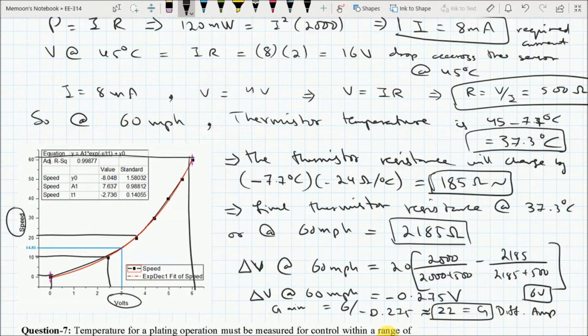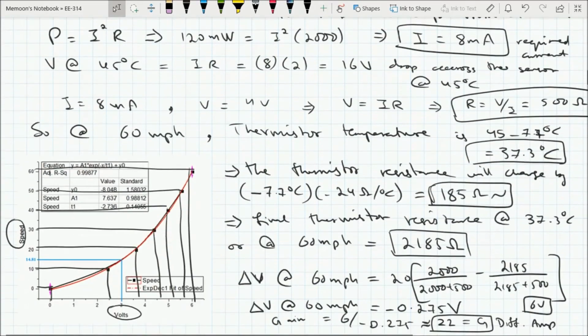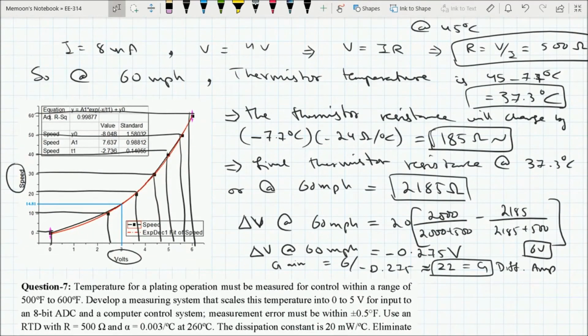For 20, we are getting approximately 3.6, and so on. So we are getting a non-linear relationship of our voltage output with our linearly varying wind speed, and that is the issue with your bridge circuits, because your bridge is a non-linear device.